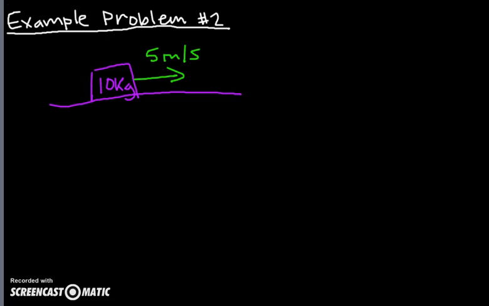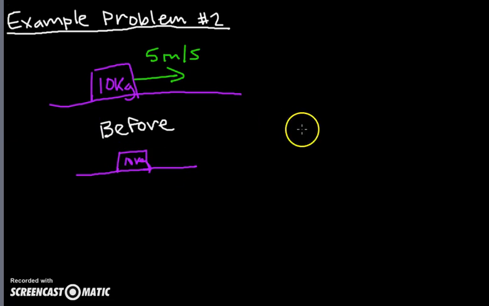In our other example problem, we only dealt with one instant of kinetic energy, but in this situation we have two. We have the before, which is when the box was just sitting by itself undisturbed, and then we have the after, when the box is moving.